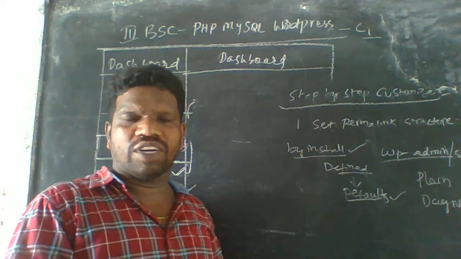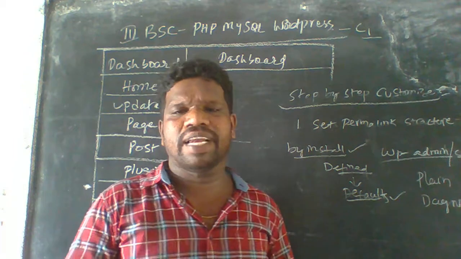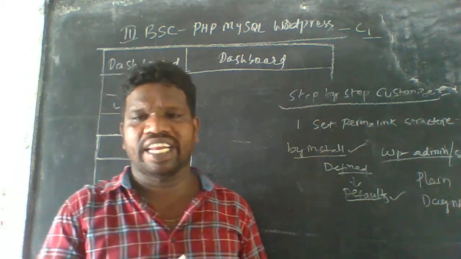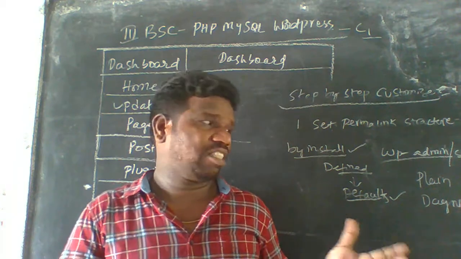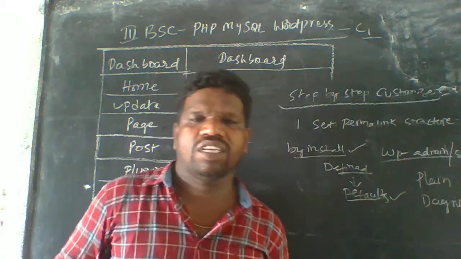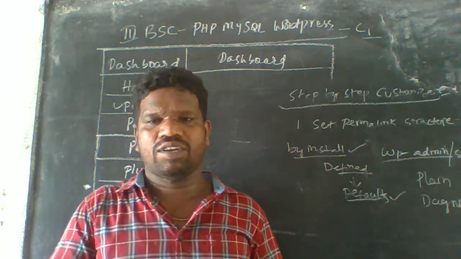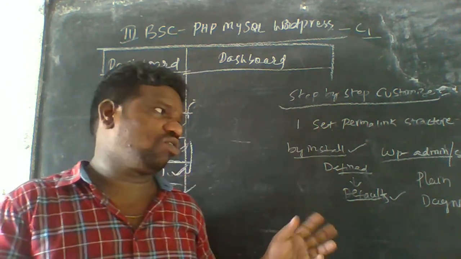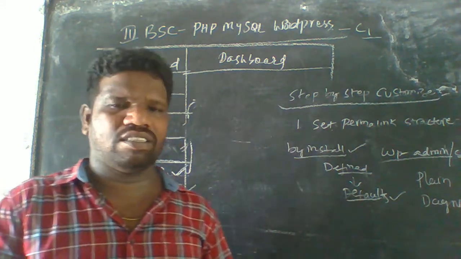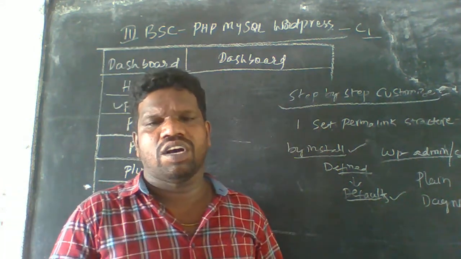What is the plain permalink structure? The plain permalink structure does not let you create a respective URL for your posts and pages, which is bad not only for SEO, but also for your visitors.